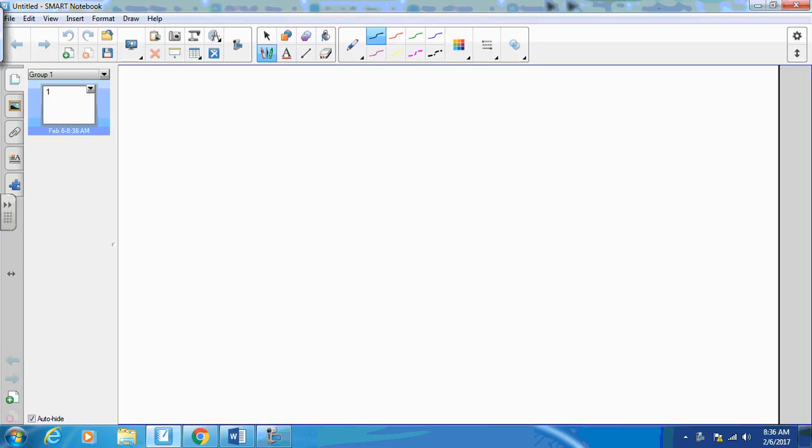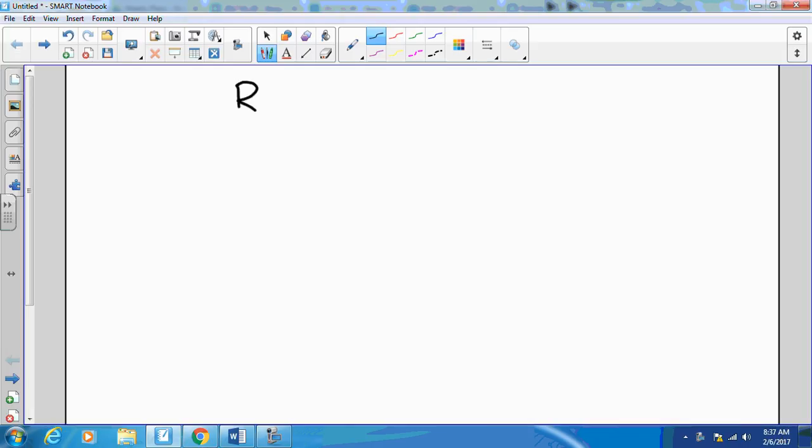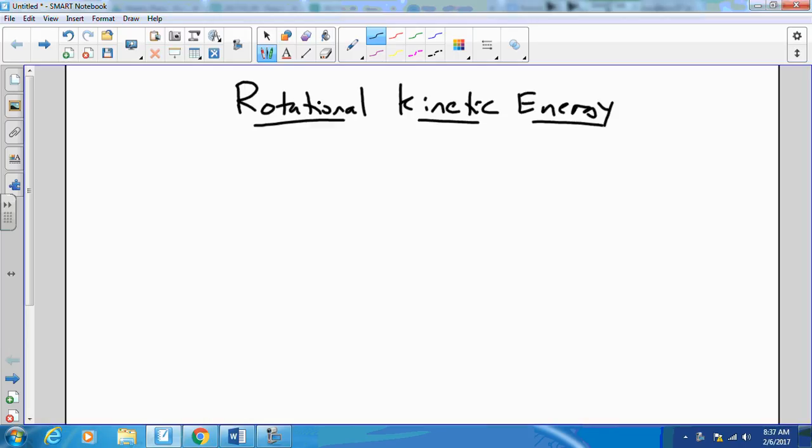We're going to be talking today about rotational kinetic energy, the energy that an object has because it is rotating about a point. We're going to fairly quickly develop a formula for rotational kinetic energy, but the trick is going to be to visualize it correctly when you look at an object's motion.